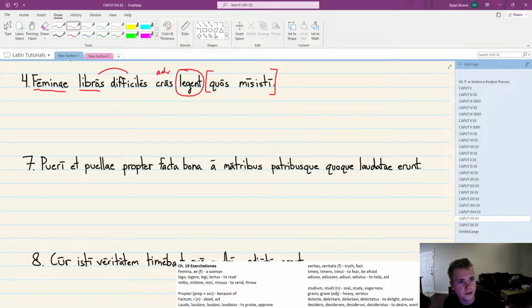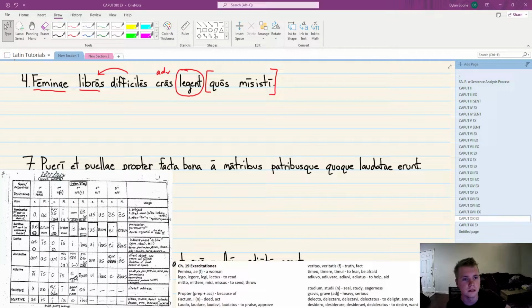I'll go ahead and do this, but explain why in a second. And that's it. We'll get to the relative phrase. So feminae, first declension noun. Nominative plural, or genitive or dative singular. So let's move on to the verb now.